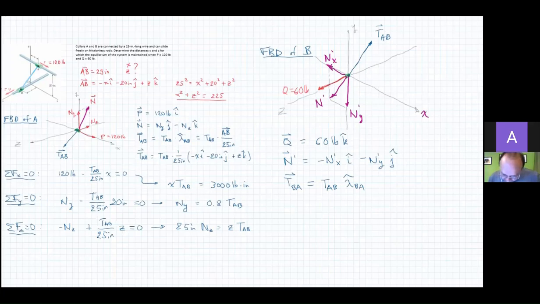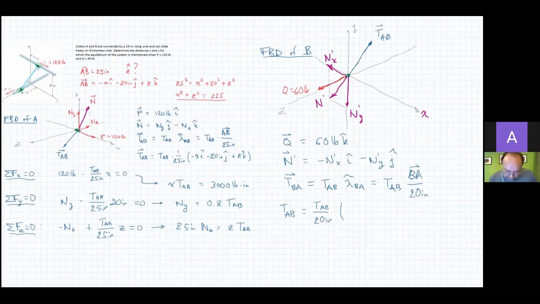So we can write this as DAB multiplied by BA over the magnitude of DA, which is the same magnitude as AB, and we can put it here, 25 inches, the length of the cable from A to B. So this tension DA can be expressed as DAB over 25 inches multiplied by the vector BA, which is the same vector AB but with opposite direction.